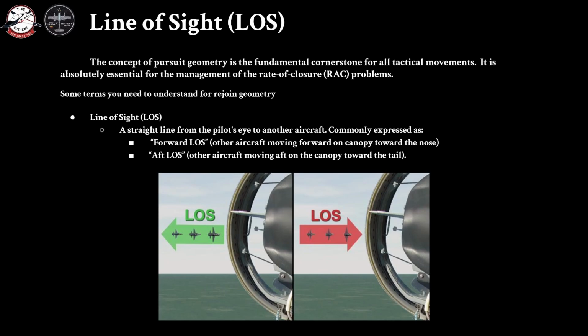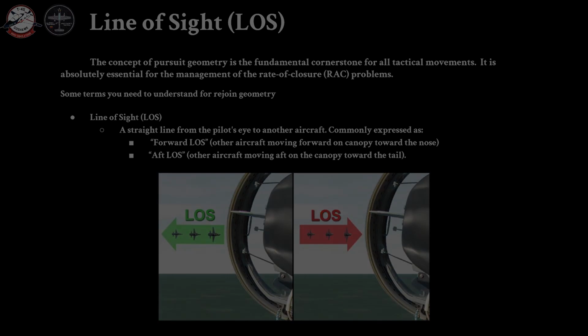And most pilots will use the canopy as a way of measuring that. Movement along the canopy: either forward line of sight movement, which basically means it is moving forward of you, moving towards or further into the front part of your 3-9 line, or aft line of sight movement, which basically means it's moving closer to your tail, so it's moving back behind the 3-9 line.